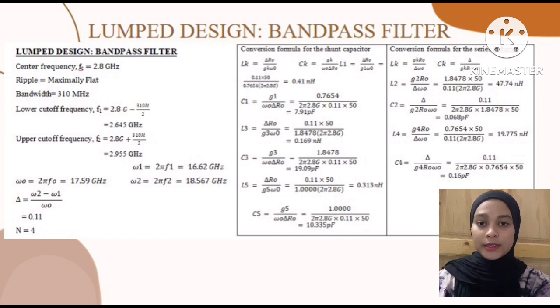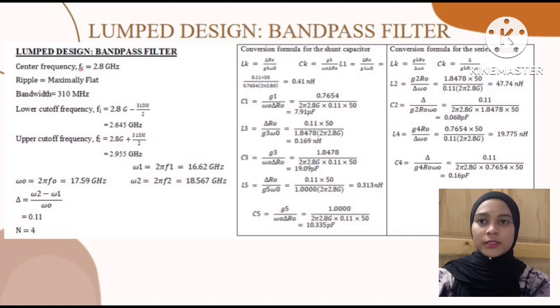Since n is equal to 4, the values of G1 until G5 were determined using the maximally flat table. And then the formula was used to calculate the value of the series inductor and also the shunt capacitor.